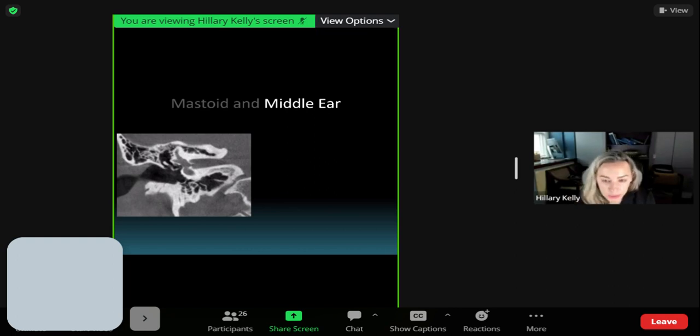The mesotympanum, or the tympanic cavity proper, is immediately opposite the tympanic membrane. The epitympanum is above the level of the tympanic membrane, and the hypotympanum is below the level of the tympanic membrane.